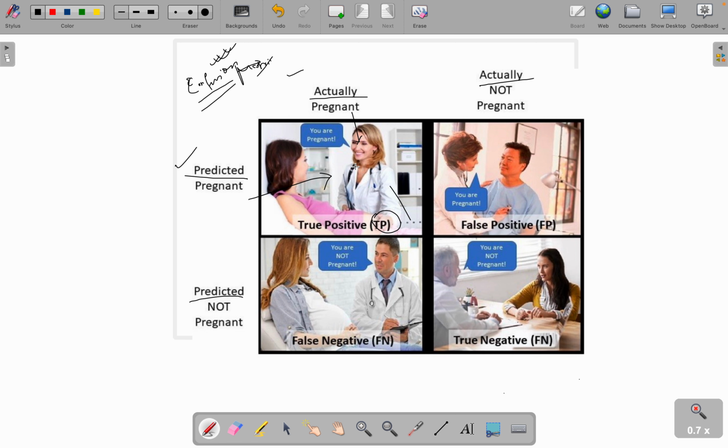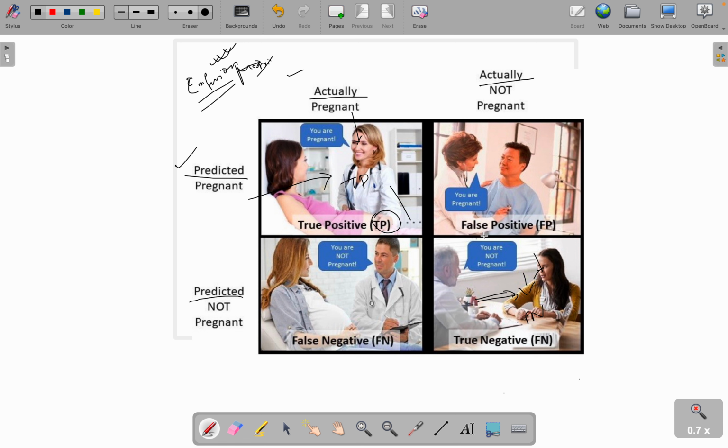Actual value is pregnant and the model is also predicting pregnant. True negative is when my model is saying it is not pregnant and actually it is not pregnant. So the actual value is not and the prediction is also not.